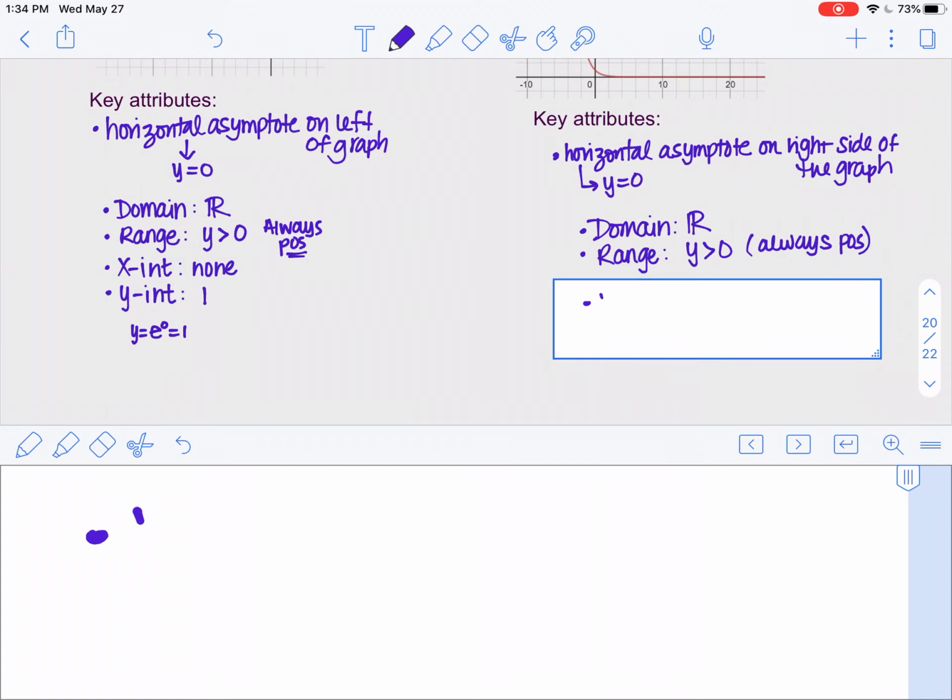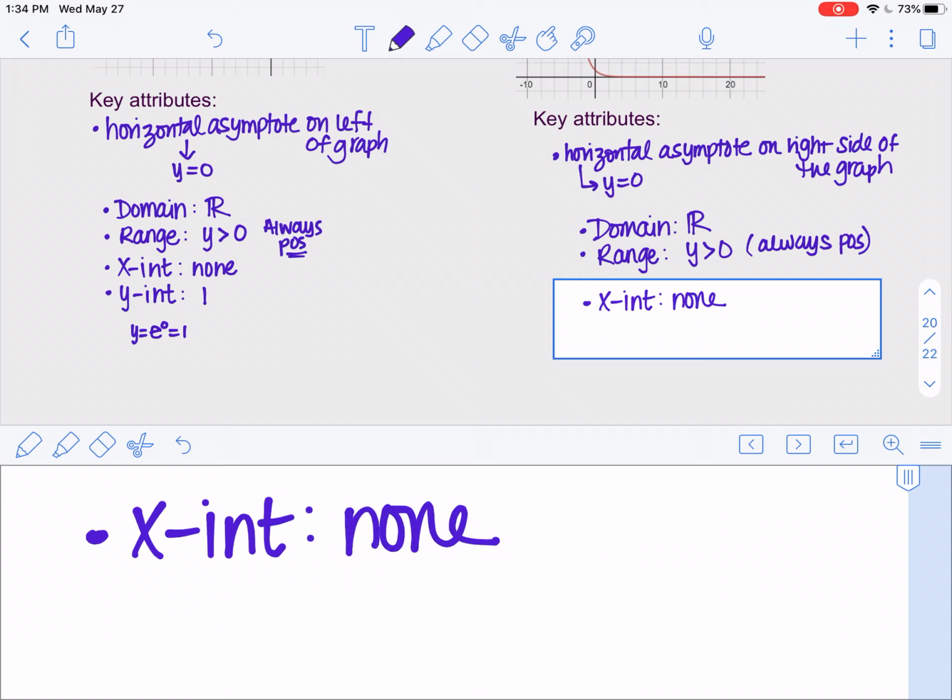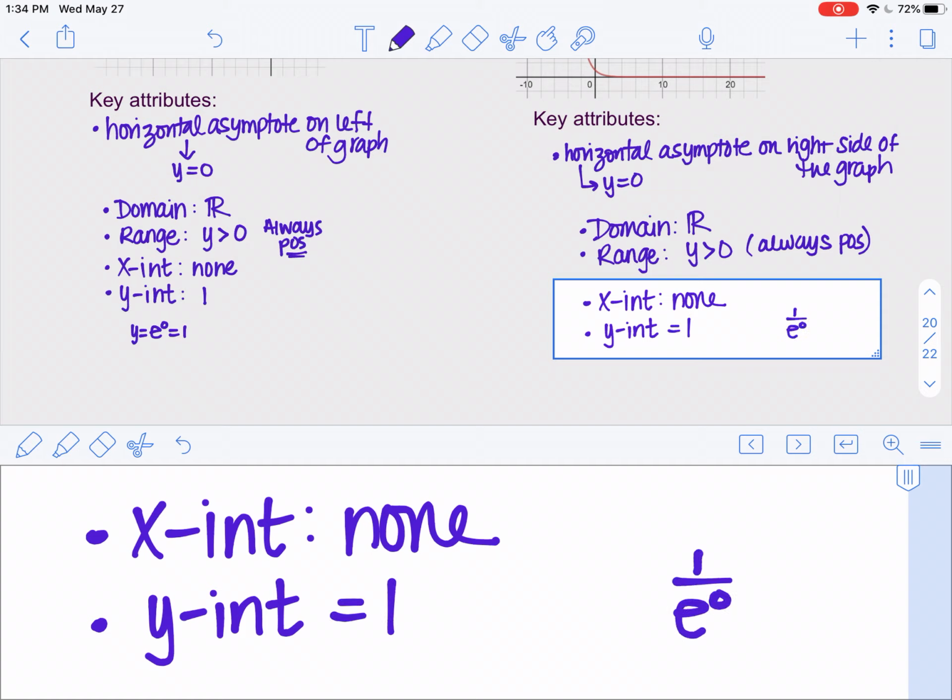In terms of x-intercepts, still none, because of that asymptote. And for the y-intercept, same thing: the y-intercept is 1. If I do 1 over e to the 0 power, I get 1 over 1, which is 1.